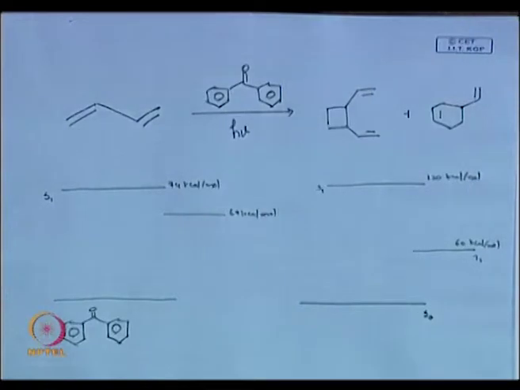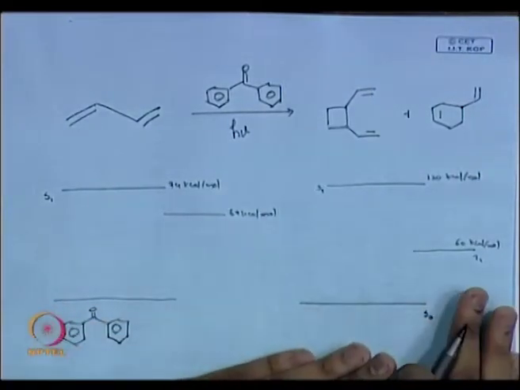So I have a butadiene as well as a benzophenone, and you know benzophenone absorbs light greater than 310 nanometer, while your diene system has absorption around 190 to 210. So I can use a filter where the light can come greater than 310 nanometer.